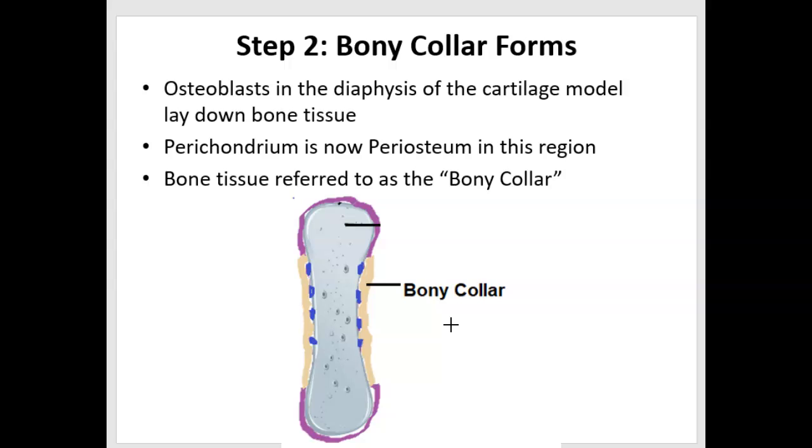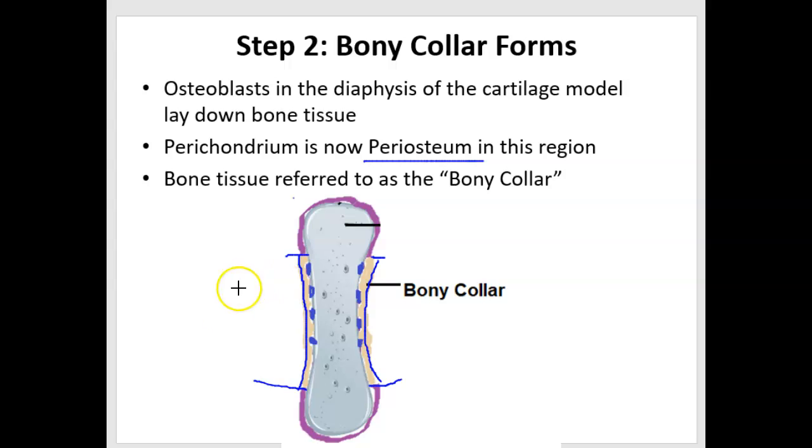And that hardens. When that occurs, a bony collar forms. So usually the osteoblasts are just active in the shaft region of the bone. So we get a bony collar. In this region now, the perichondrium is called periosteum. It's changed. So there's a periosteum lining on the outside as well.